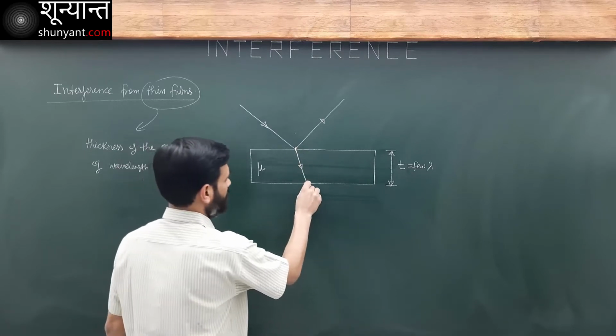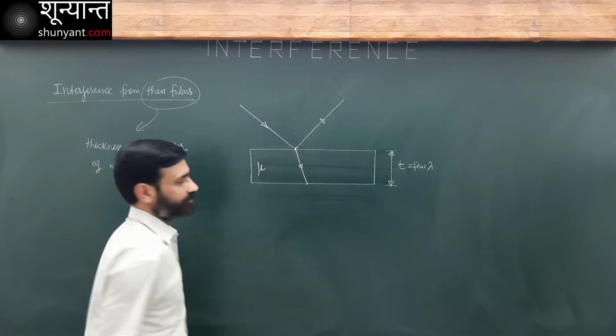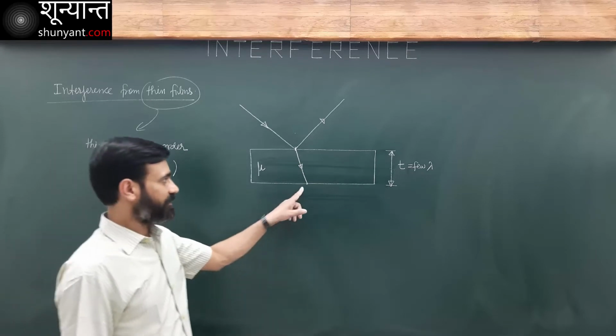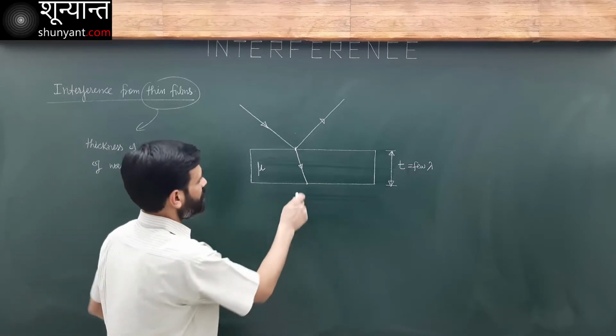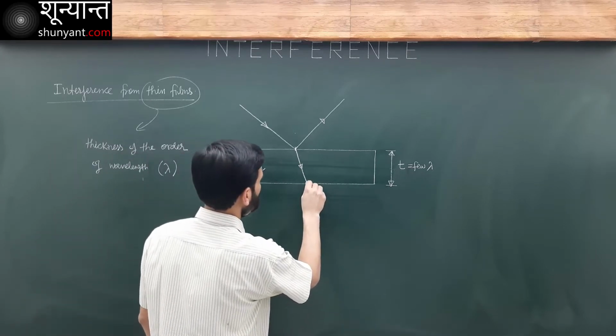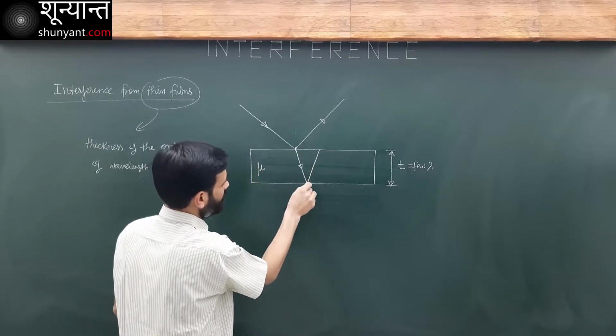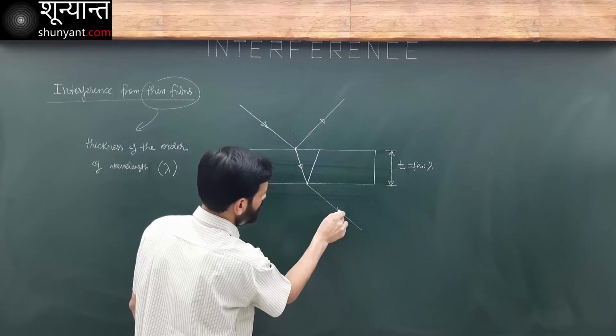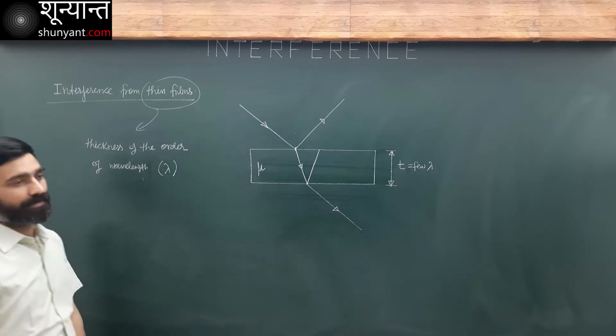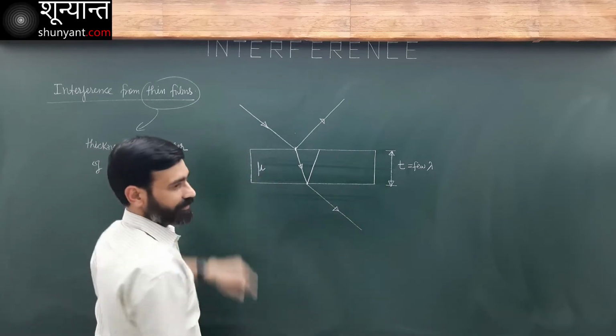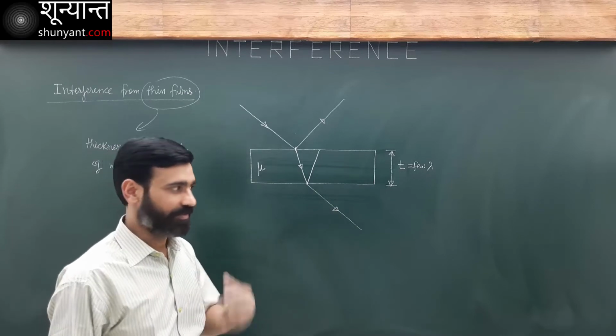Now, at this point, the medium changes again. Here also, some part will be reflected back in the medium, and some part will be refracted, transmitted. These two light rays will be parallel, with a lateral shift.